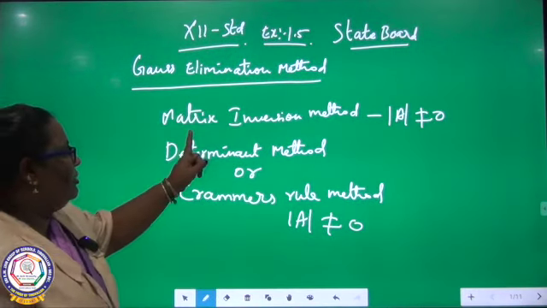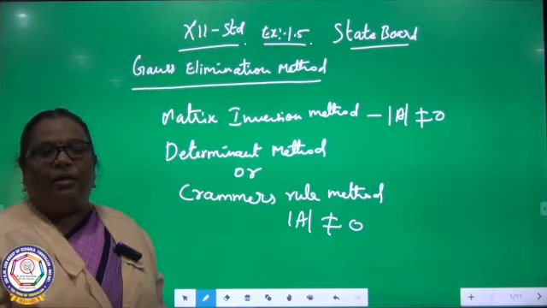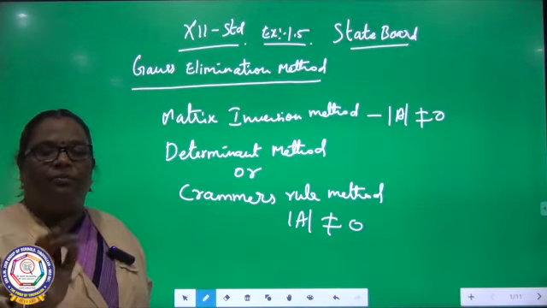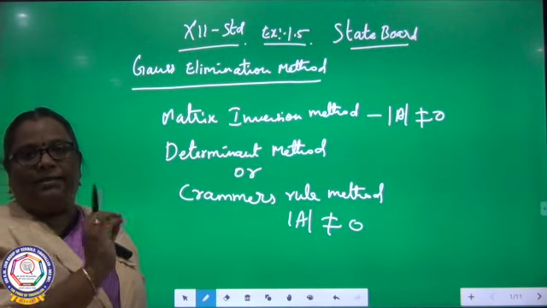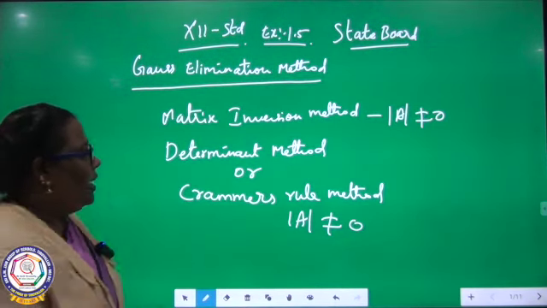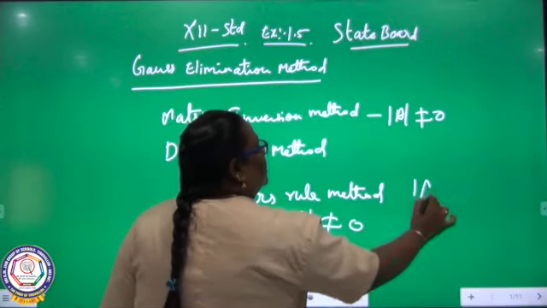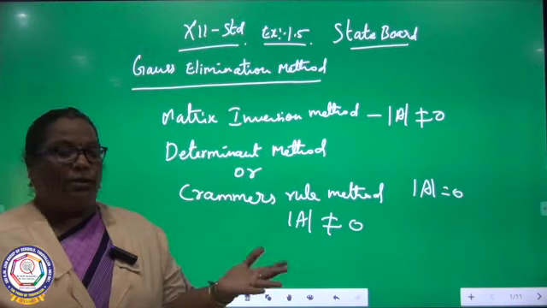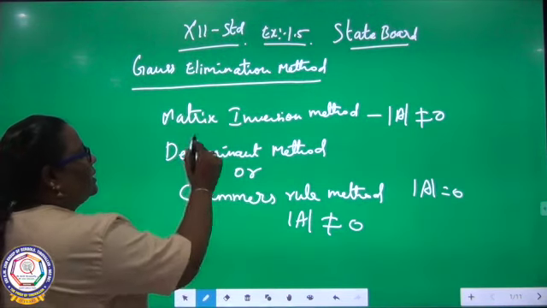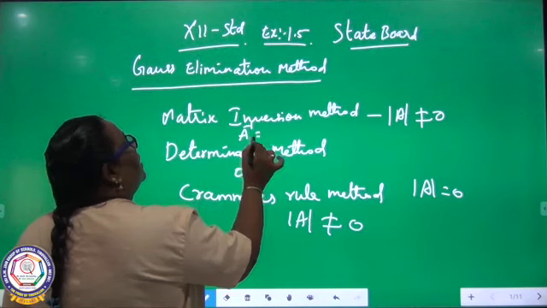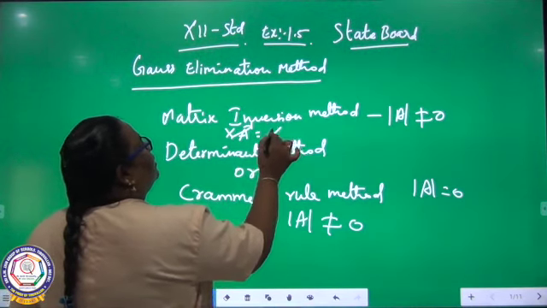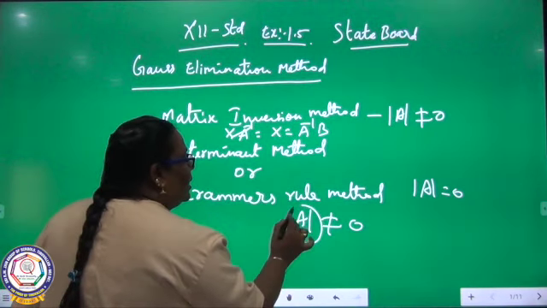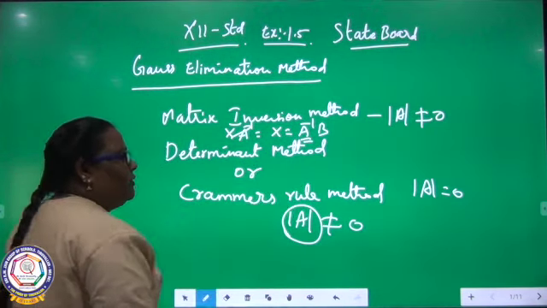In the matrix inversion method or Cramer's rule method, the given matrix is a non-singular matrix, so we can proceed with the sum and get the values of x, y and z. If it is a singular matrix, that is determinant of A equal to 0, A inverse does not exist, because in the matrix inversion method the formula is x equal to A inverse B. When will the inverse exist?